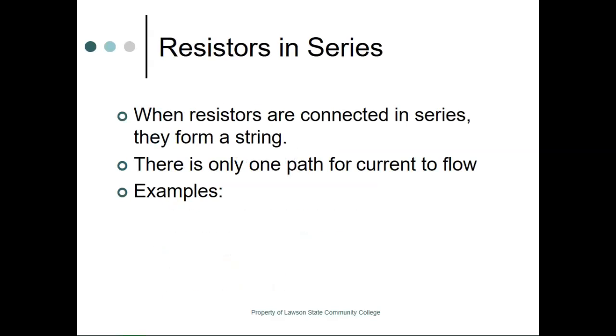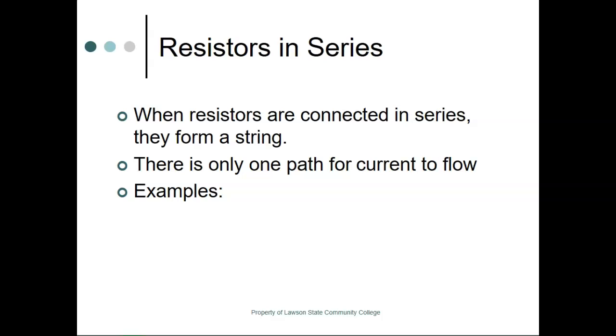All right. So resistors connected in series form a string. The most common example I can think of is a Christmas tree light strand, which probably is the world's biggest pain in the rear because all of us hate messing with them. Resistors in series act like Christmas lights when you string them up.